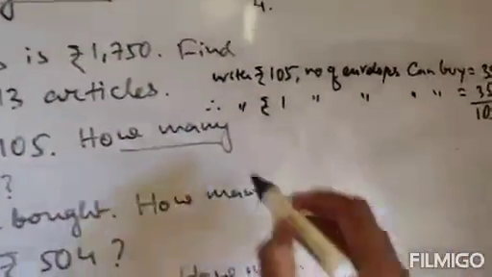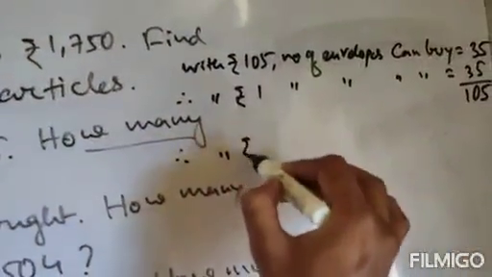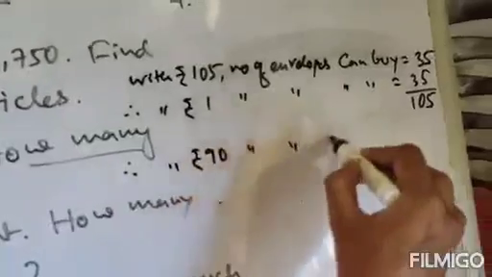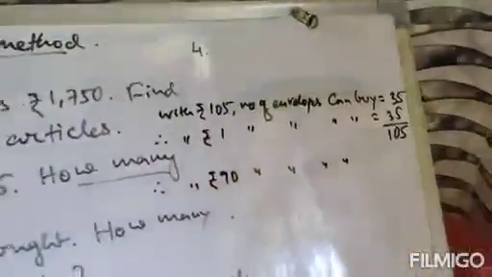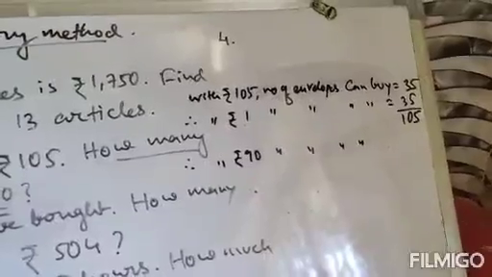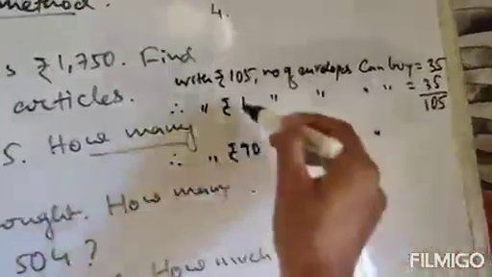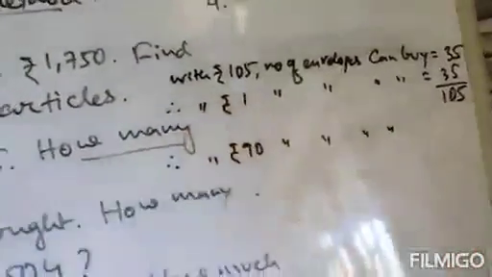Now you have rupees 90. So how many envelopes can you buy? That is the question. Therefore with rupees 90 number of envelopes can buy. Now see, if you have rupees 1 you can buy 35 by 105 envelopes. Now you have rupees 90, so amount of money increases from 1 to rupees 90.